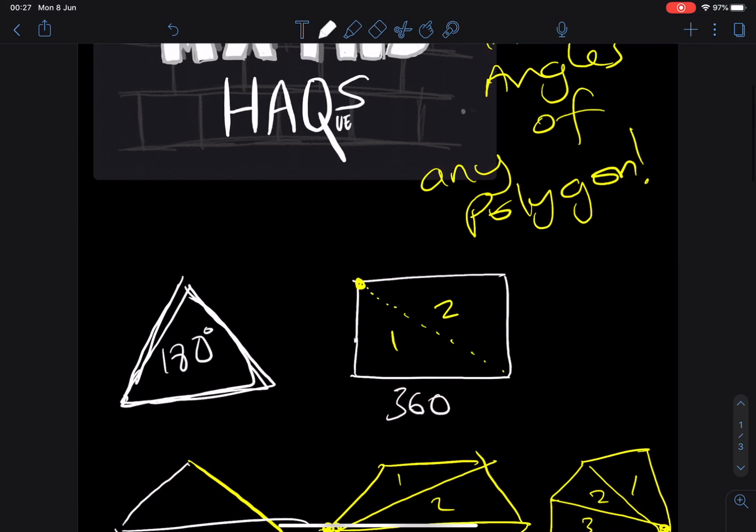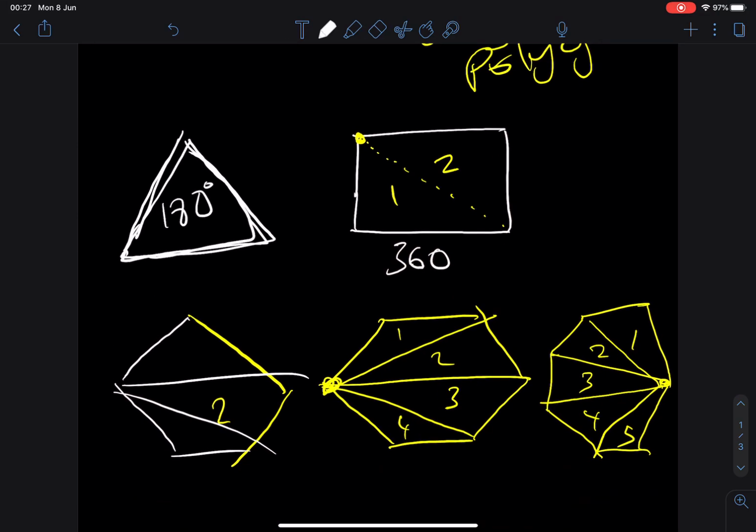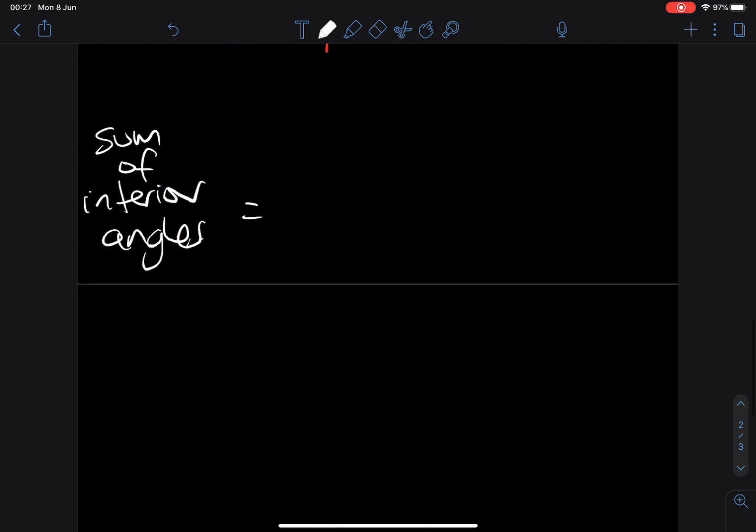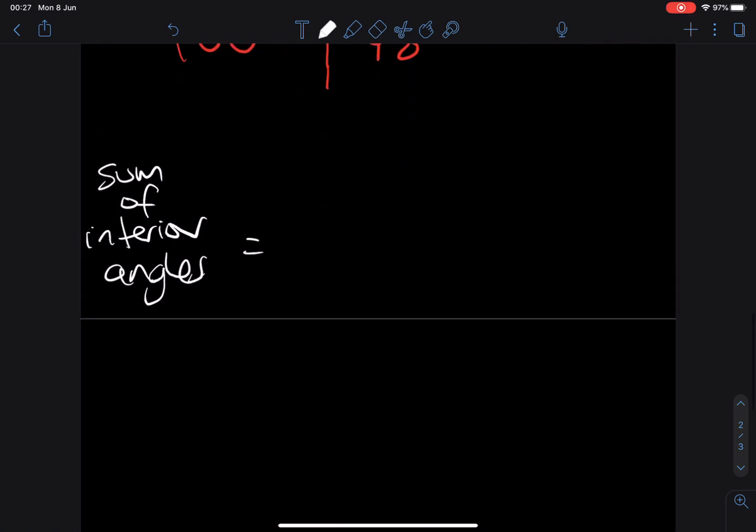Now, if I think about this, I can generalize it. The sum of interior angles of any polygon: the way I can work it out is, if I know how many triangles I can fit inside, all I need to do is multiply the number of triangles by 180, because we know that the angles in a triangle add up to 180. So the way I can work it out is to take away 2.